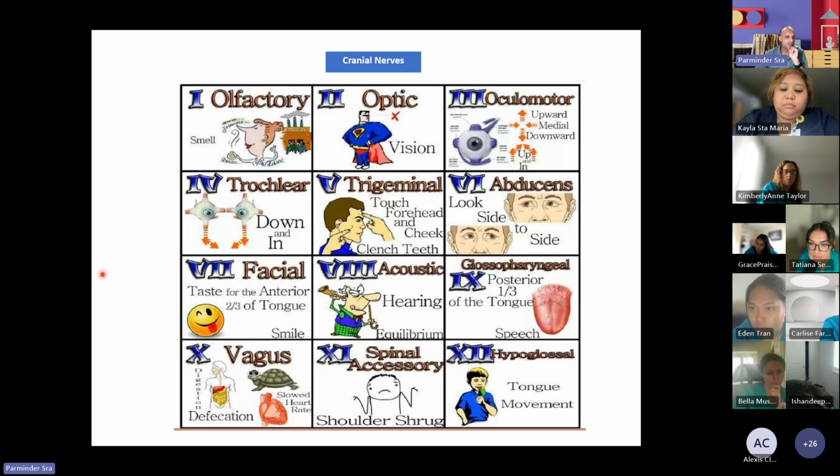Cranial nerve 9 is your glossopharyngeal nerve. This is the sensation of the back of your tongue and the throat, and it also controls the muscle for swallowing. That's where we check the gag reflex with the tongue depressor. And then your vagus nerve, cranial nerve 10, controls the muscle in the throat and voice box.